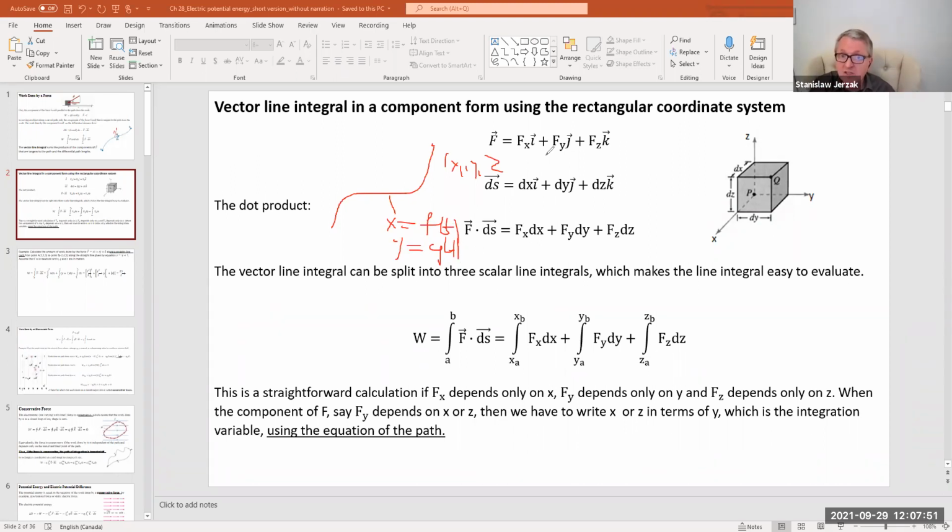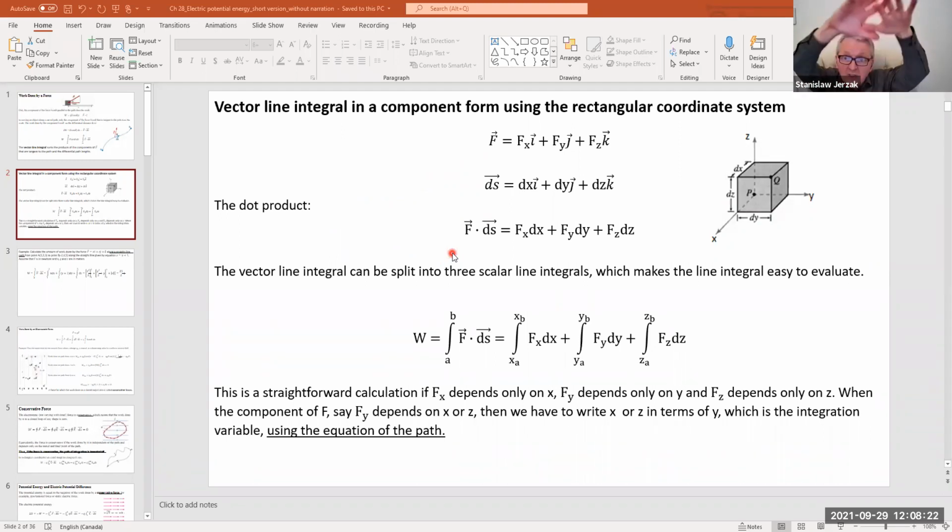As you will see in physics, very often the electric field has either spherical symmetry or cylindrical symmetry. You should already know from lectures that the electric field due to a line of charge or in a coaxial cable usually has cylindrical symmetry, and then cylindrical coordinates are very useful.